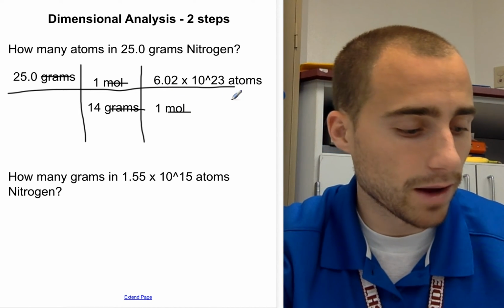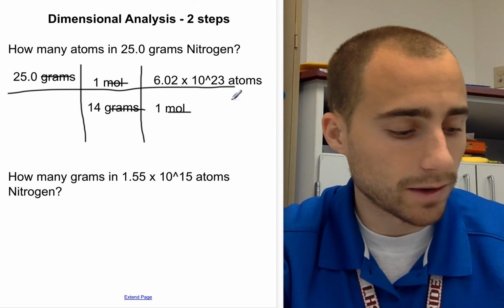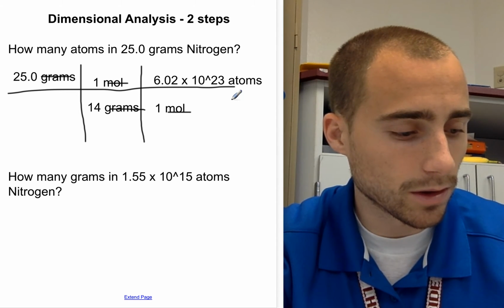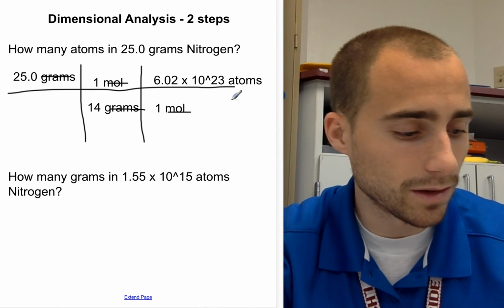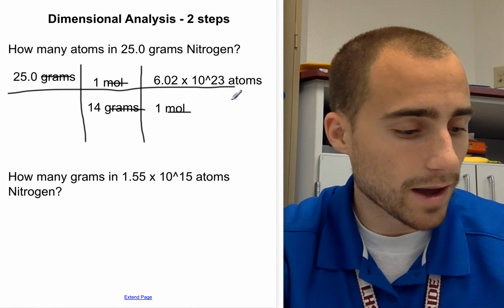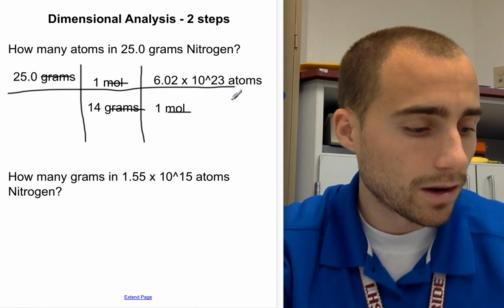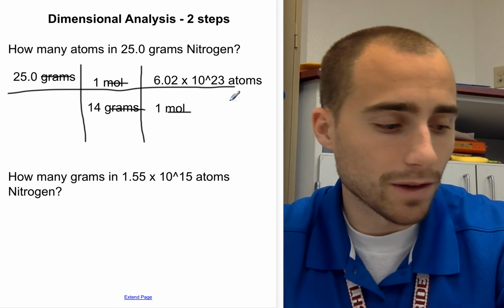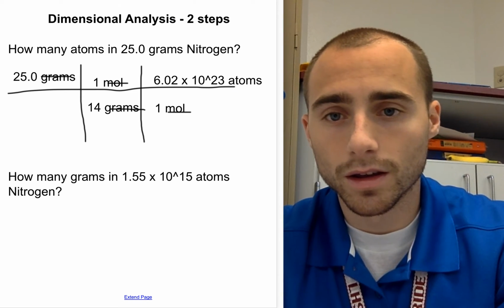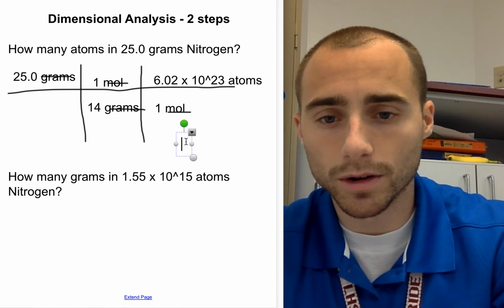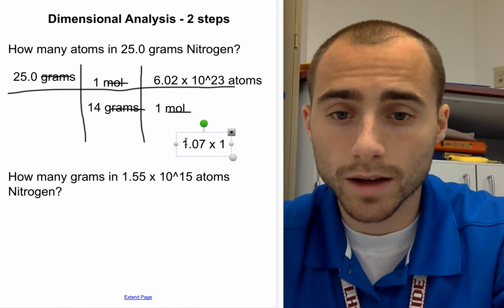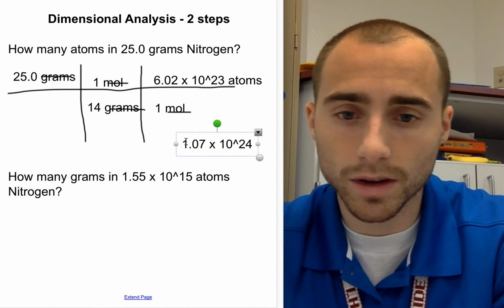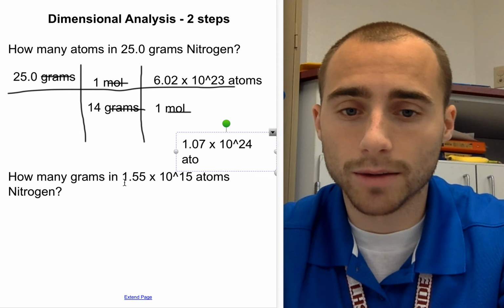So you do 25 multiplied by 6.02 times 10 to the 23rd. Again, put it in parentheses. And then you just divide that answer by 14, and you end up with 1.07 times 10 to the 24th. So your answer should be 1.07 times 10 to the 24th atoms.